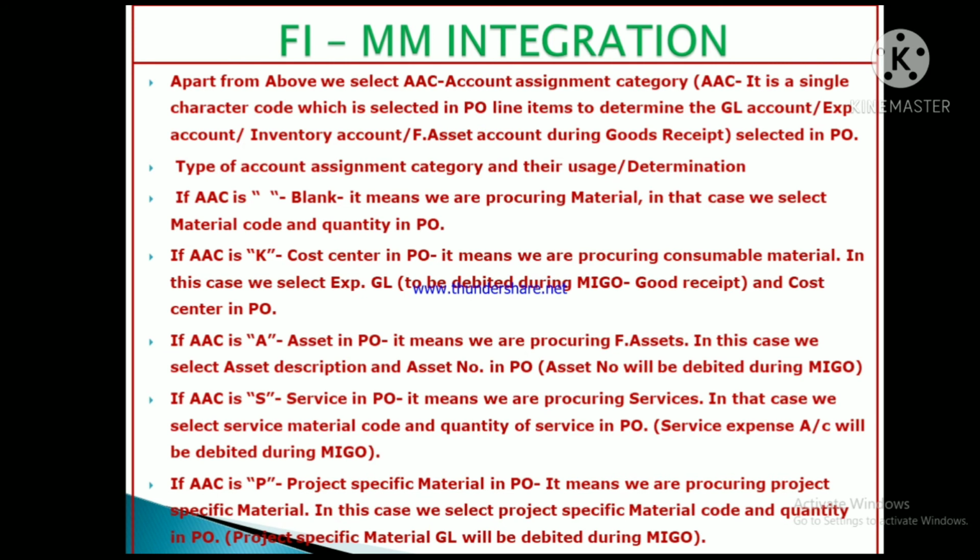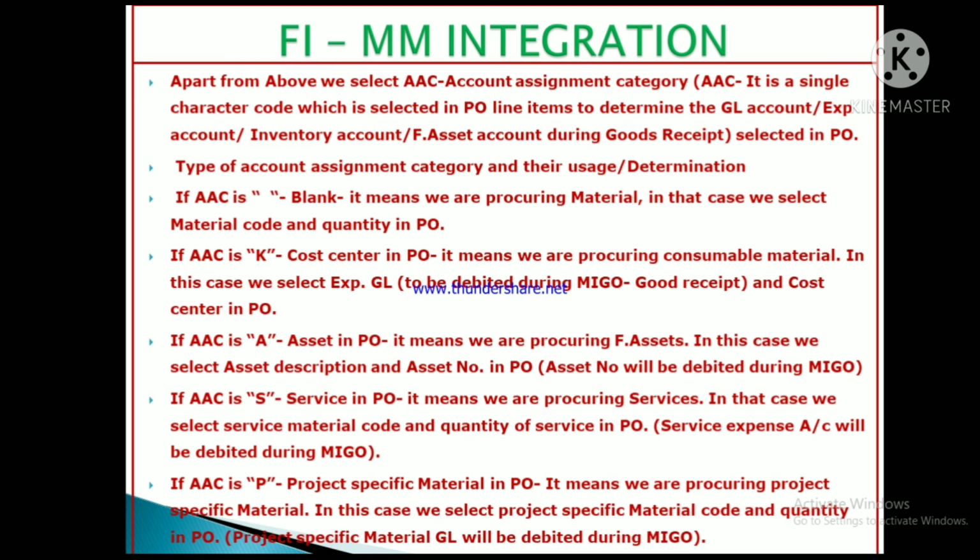In that case, we select the expense GL to be debited during MIGO, the T code which we use at the time of goods receipt, and the cost center in a PO. So in this case, we will select the cost center and expense GL in a PO.